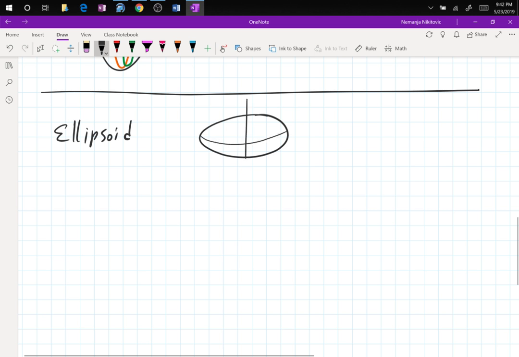And for this shape, if you cut with any of the planes, you will get an ellipse. Now, those cuts need to reflect in the equation, and the equation has to make sense. So the equation is x squared over a squared plus y squared over b squared plus z squared over c squared equals 1.